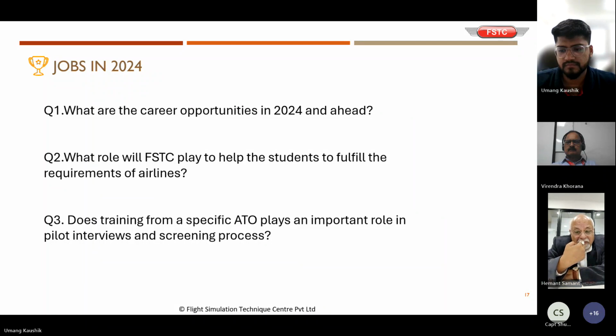Once the CPL is done, they are sent to an ATO of their choice and given the type rating. After which the airline, because they've given them an LOI, takes them in, and then they are waiting for the right seat to be occupied. Some of them have waited for a year and a half and more.